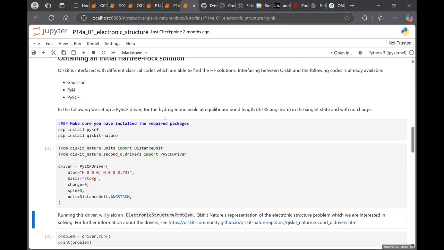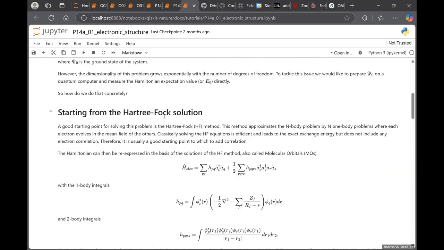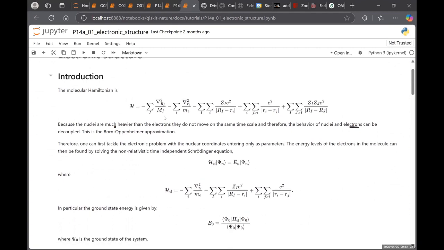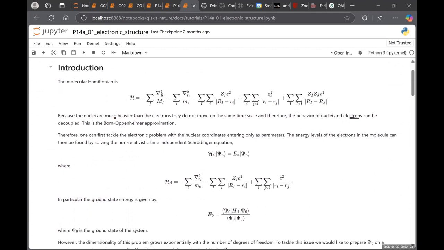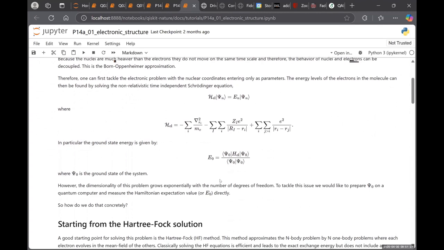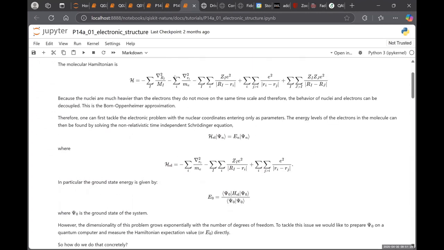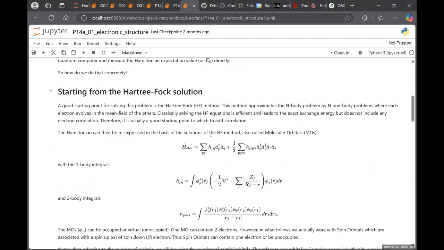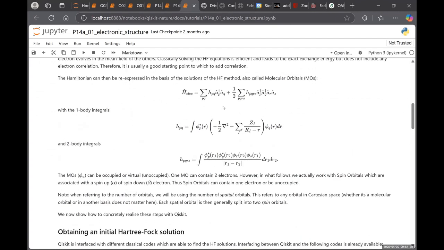For those who join later, I basically just described the electronic structure problem as a general Hamiltonian. You don't need to worry about this; you just need a sense of what's involved, electron and nuclei interactions. In this second quantized formalism, you have seen a dagger, c dagger, a, c in last semester's course.